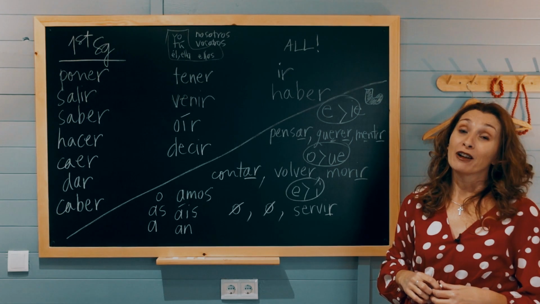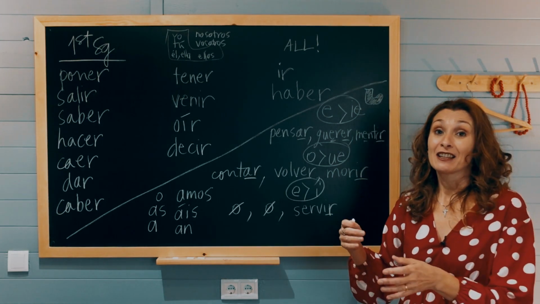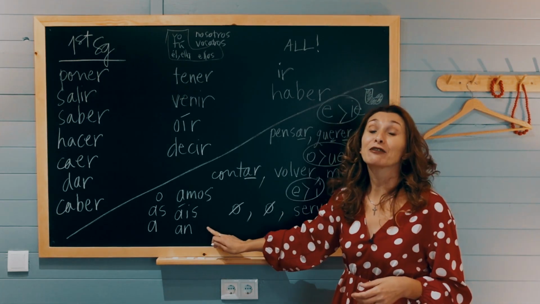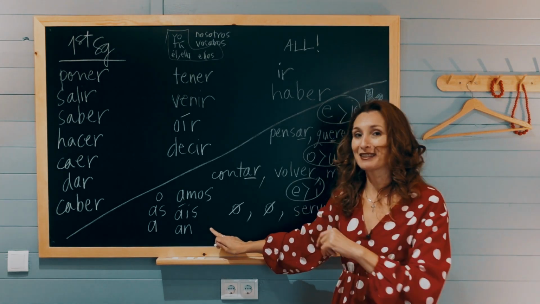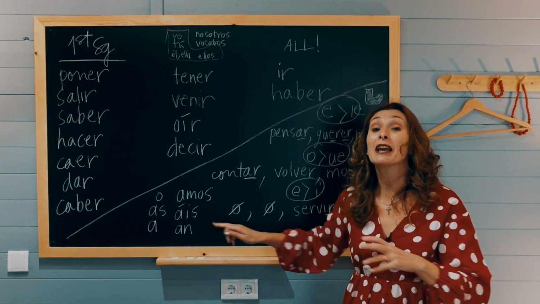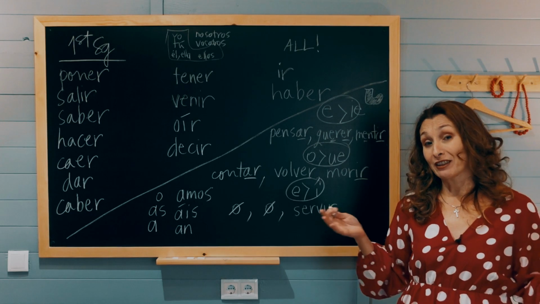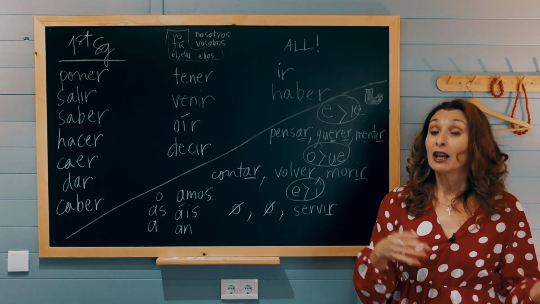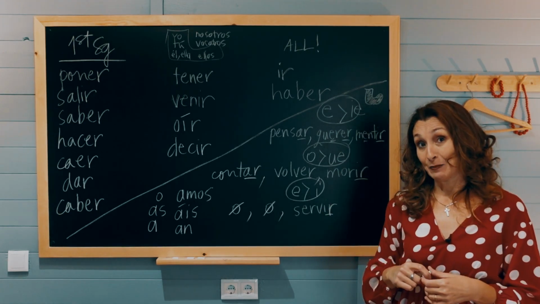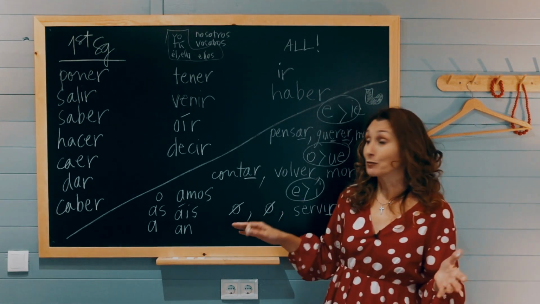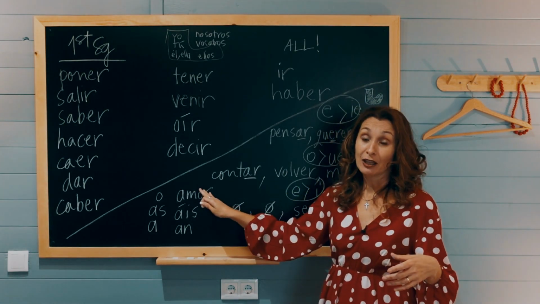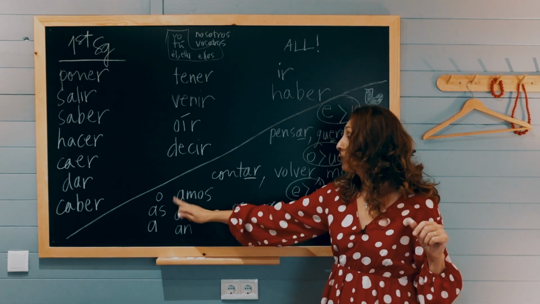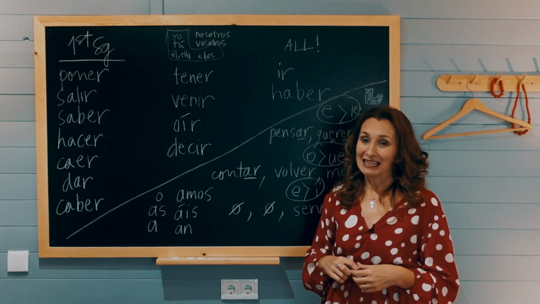This is the first conjugation only, then there's endings for the second and the third, but regardless of whether the verb is regular or irregular, okay? So all the verbs in the first conjugation, regular and irregular ones, will have these endings.